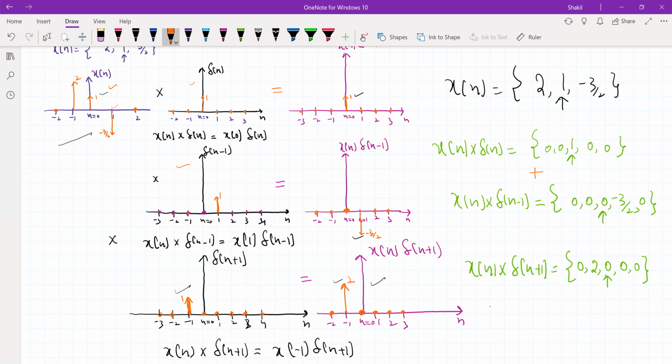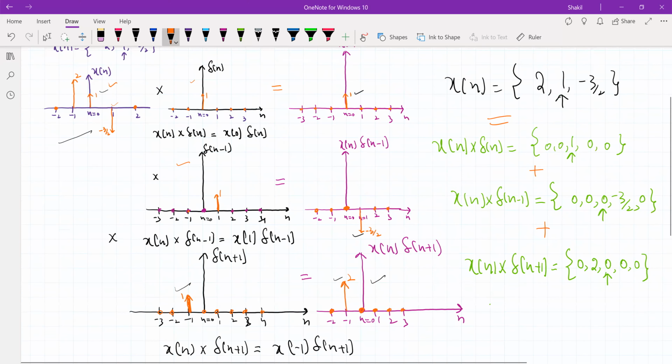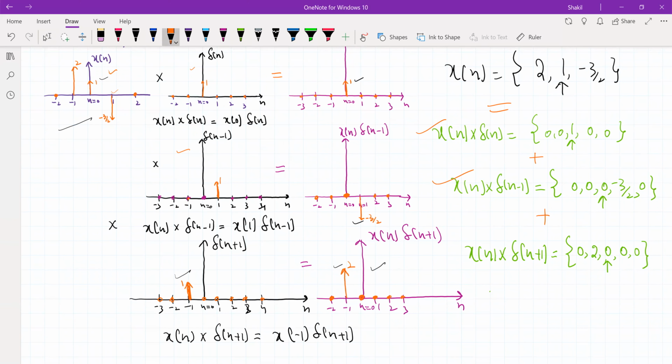If you add these three sequences, x of n delta n, x of n into delta n minus 1, and x of n into delta n plus 1, you can say x of n is simply equal to the sum of these three multiplications. You can have a look at this again and again.